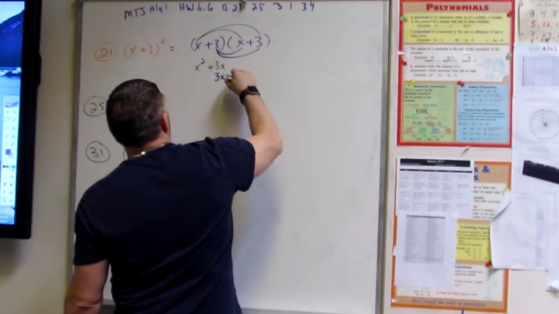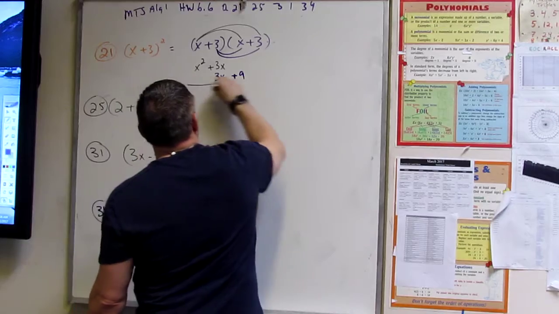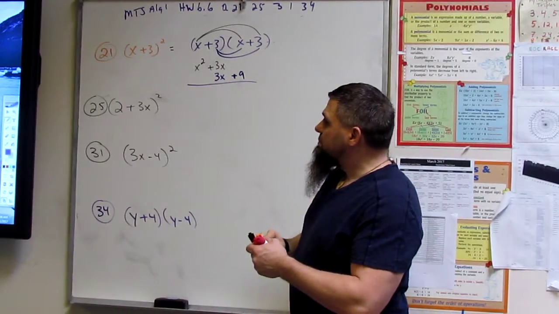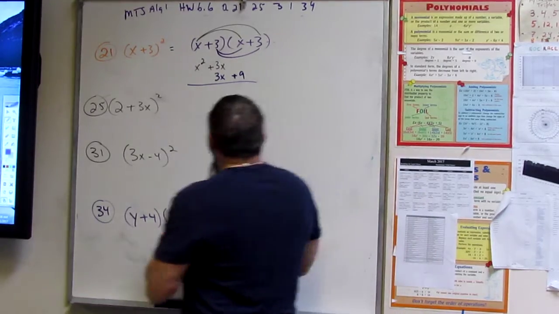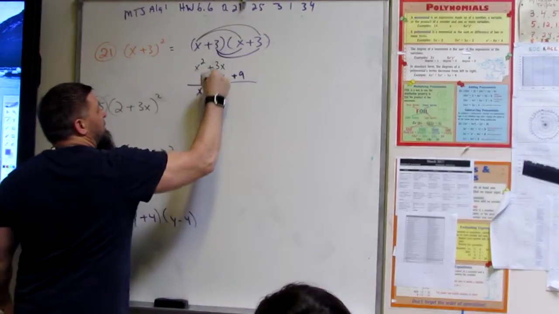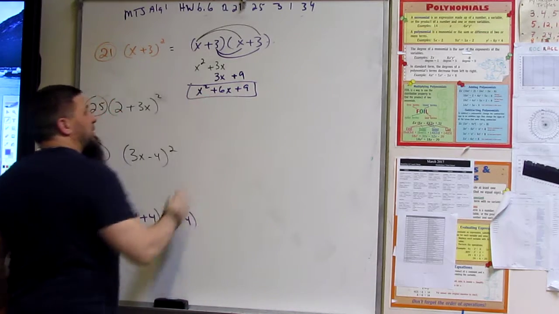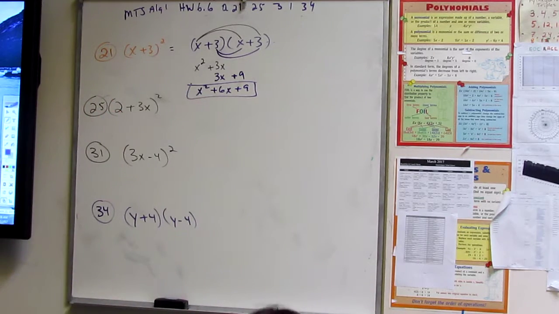So, plus 9. Alright, and then add them up. So this is x squared plus 6x plus 9. There it is. And that's how you do it, right? Pretty simple. Not too bad.